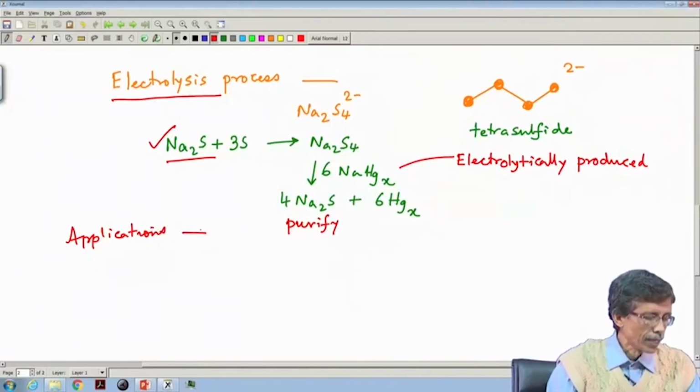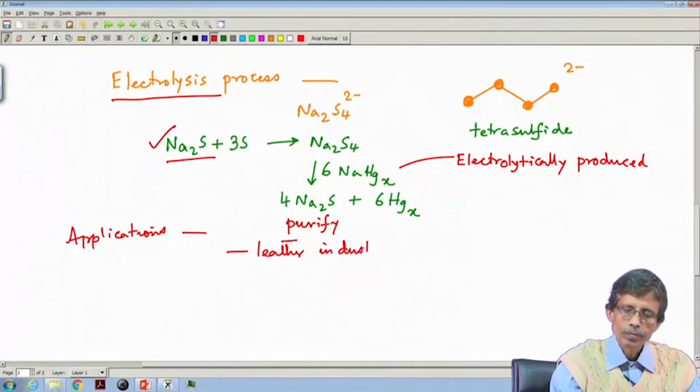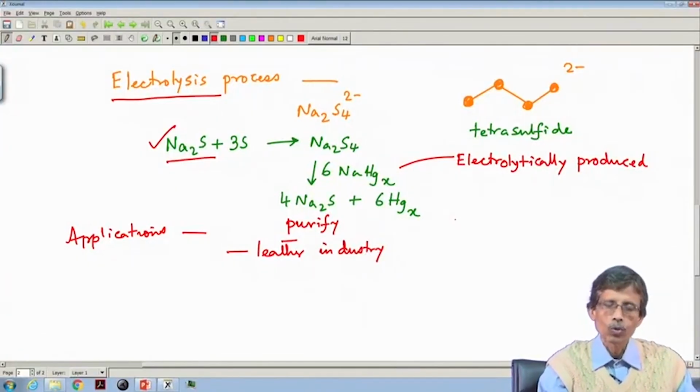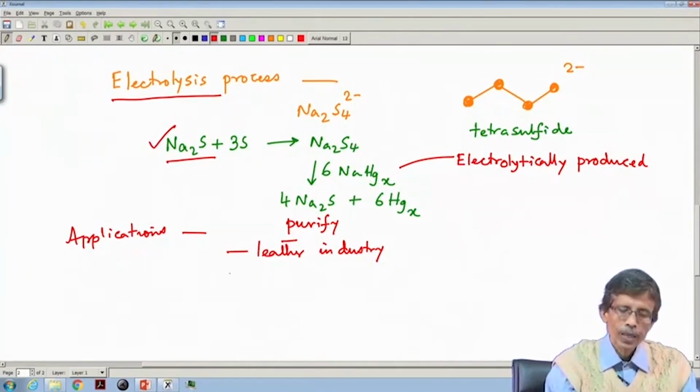So the different applications, first one is in the leather industry. One thing we know is the removal of the hair of the animal skin. So in the leather industry, the sulfur bearing compound for these reduction reactions is very useful.